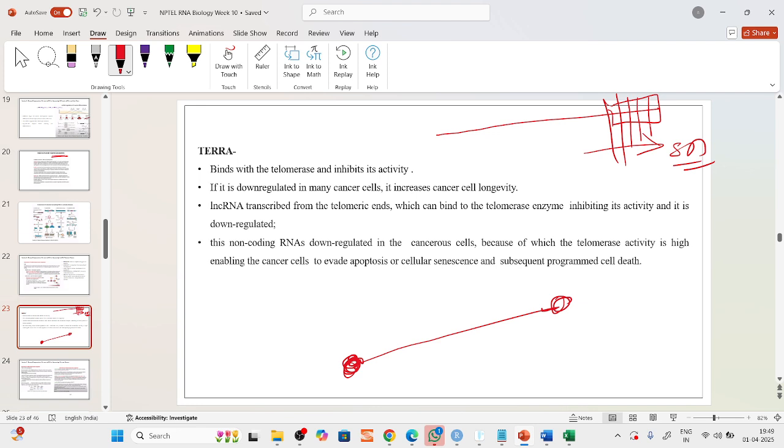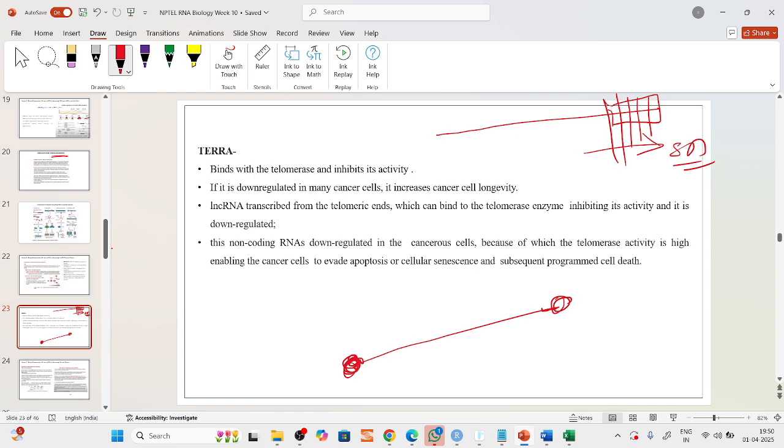Telomeres are responsible for keeping a cell alive, and since after each round of replication telomeres get shortened, the cell will eventually die. But in the case of cancer, the cell is not dying because telomeres are constantly getting renewed.